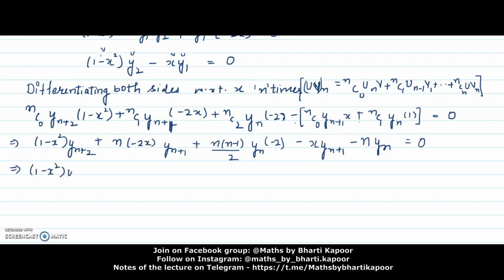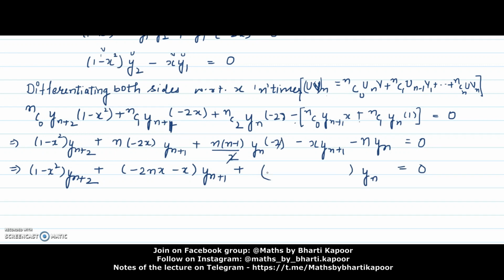1 minus x square y(n+2) as it is, and we collect all the terms with y(n+1). So we will be having two terms: one is minus 2n x and another is minus x y(n+1). Collect the terms with yn.